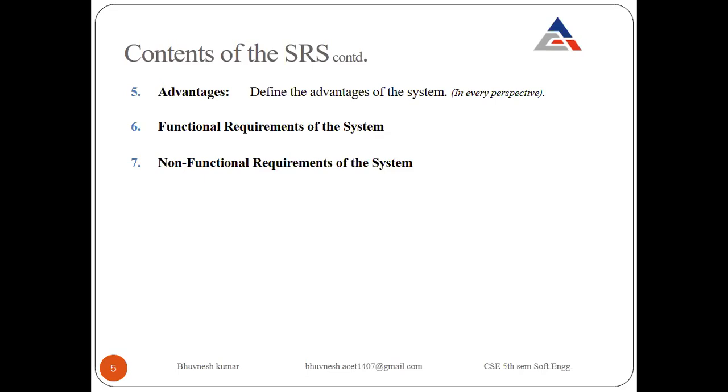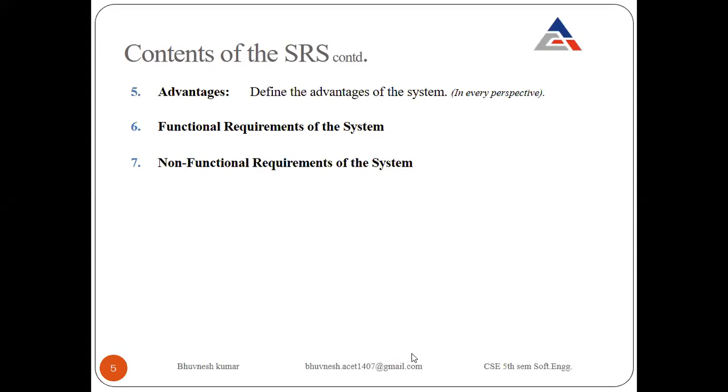Main functionality, meaning your main methods or main operations that are performed, all that should be written in your SRS in your functional requirements field, and all the non-functional requirements should be mentioned in your non-functional requirements. Okay, that should be written in your SRS.